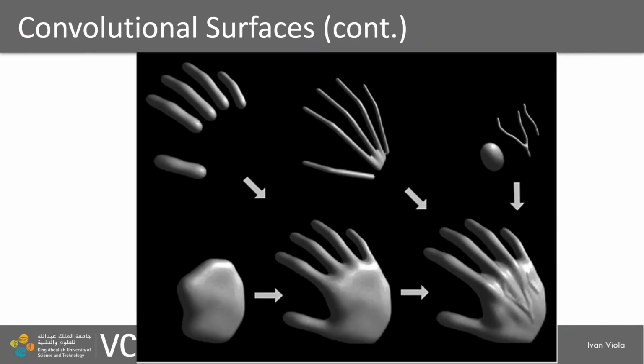We can see an example of convolutional surfaces modeling here, where we have several elements. We have some line skeletal elements, which are curves in space.